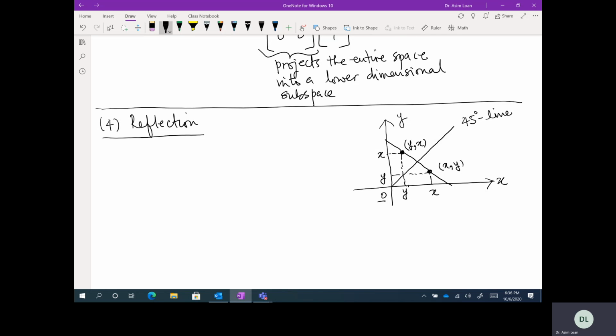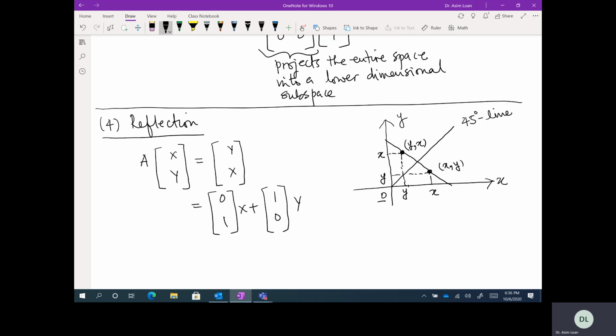So A times (x, y) equals (y, x), which is equal to (0, 1) times x plus (1, 0) times y, which is equal to the matrix [0 1; 1 0] times (x, y).